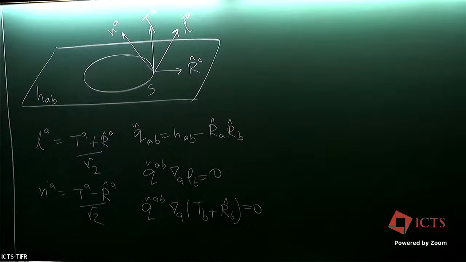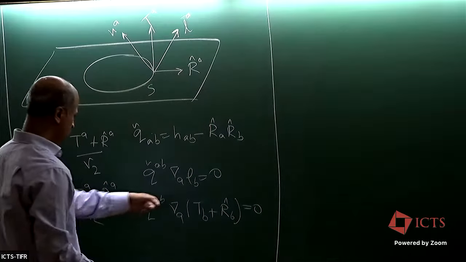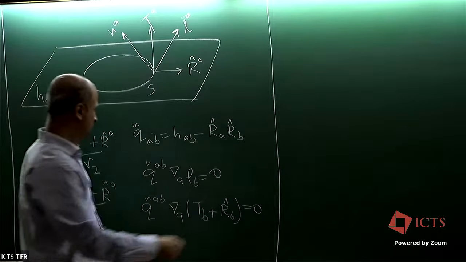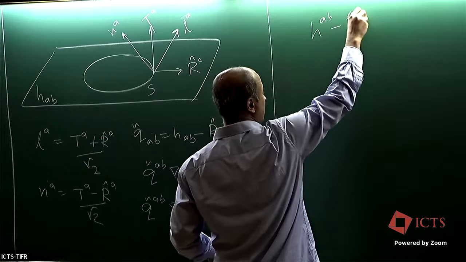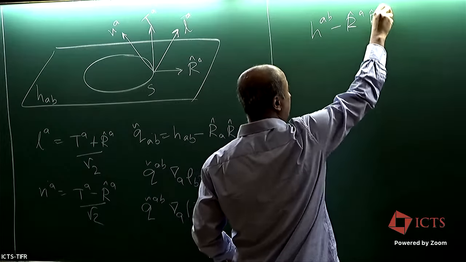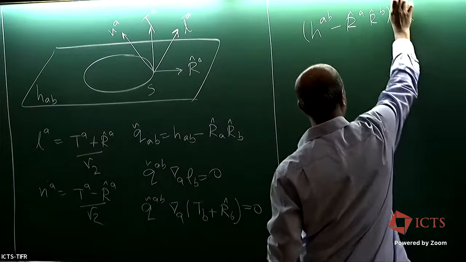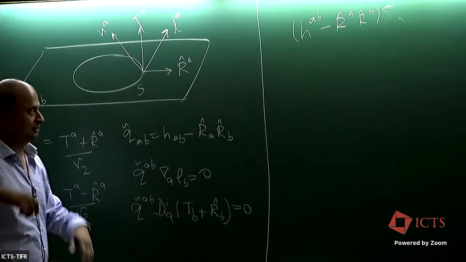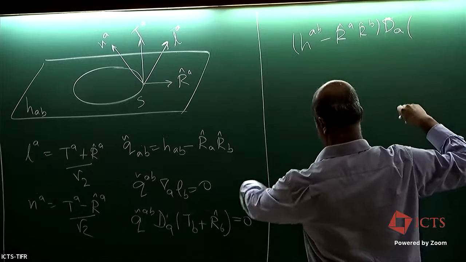Okay, all with me so far? So I put in now the Q tilde coming from here. So then I get H_AB minus R hat A R hat B, then the derivative d_A, which is the three-dimensional derivative. Then I have T plus R.